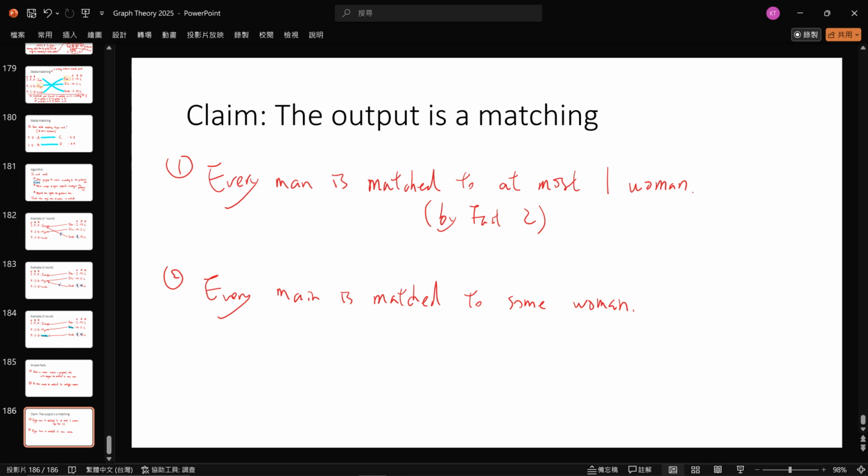So how about the second constraint? Is it possible that when the algorithm finishes, some man is still not matched to any woman? Is it possible?